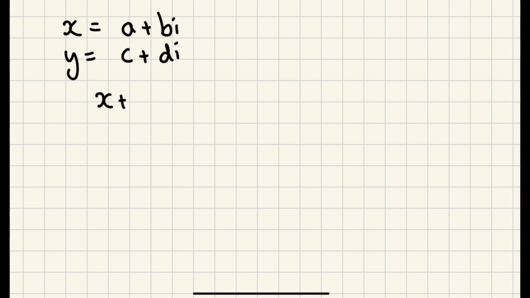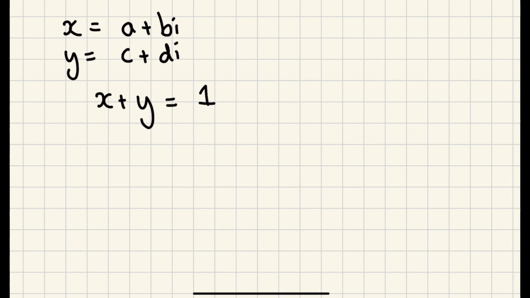So if we assume that they're complex, this means that x is going to be a plus bi, and y is going to be c plus di. So it looks like there's 4 unknowns to work out here. However, by looking at the equations themselves, we can quickly narrow this down. The first thing is that x plus y equals 1.